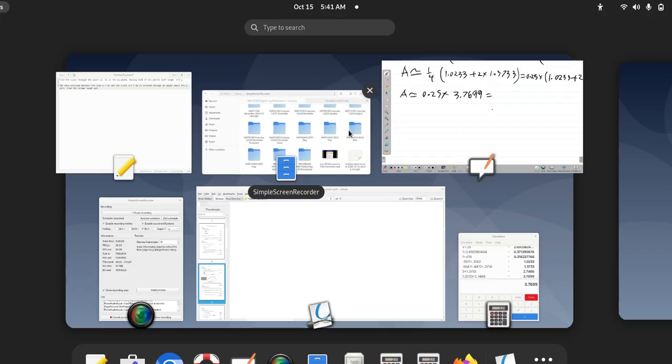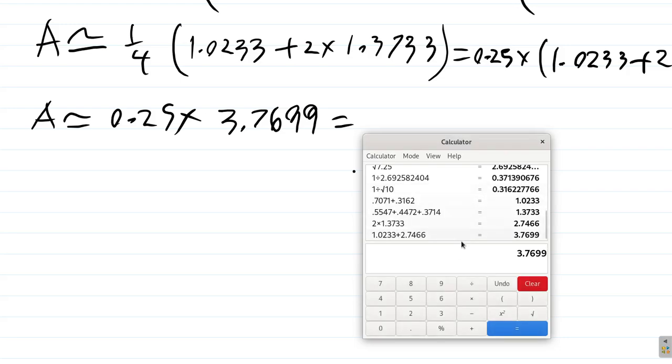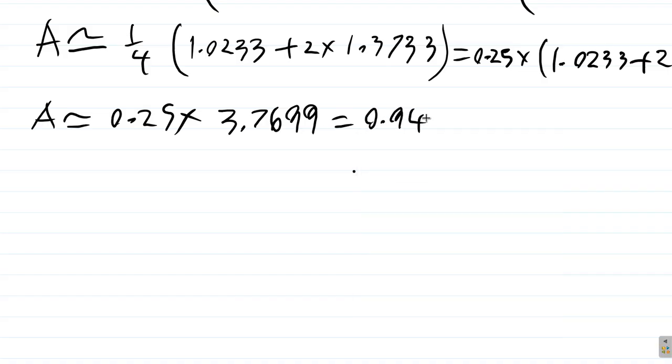Then you multiply by 0.25, and get 0.942 to 3 decimal places, 0.942 square units.